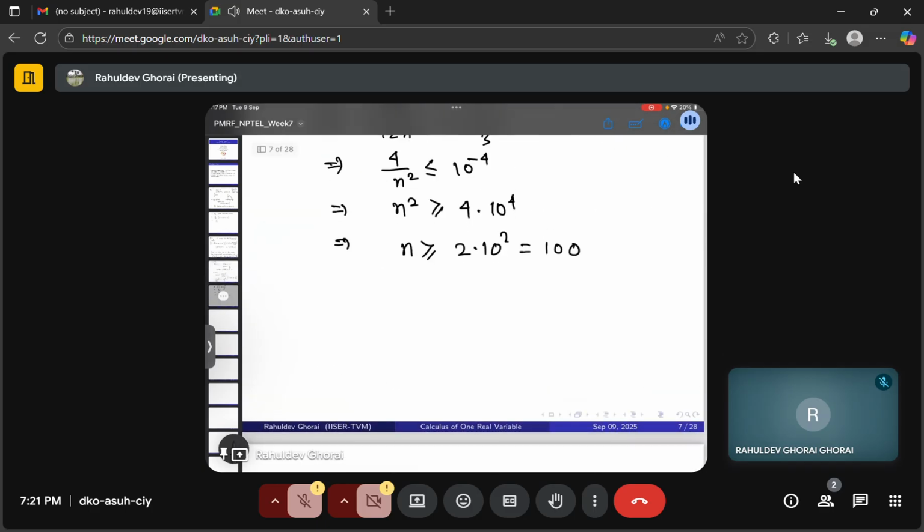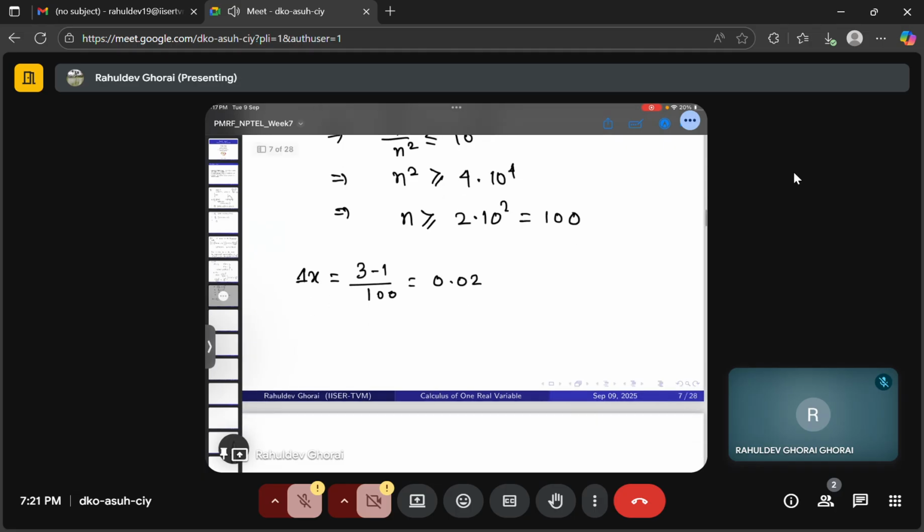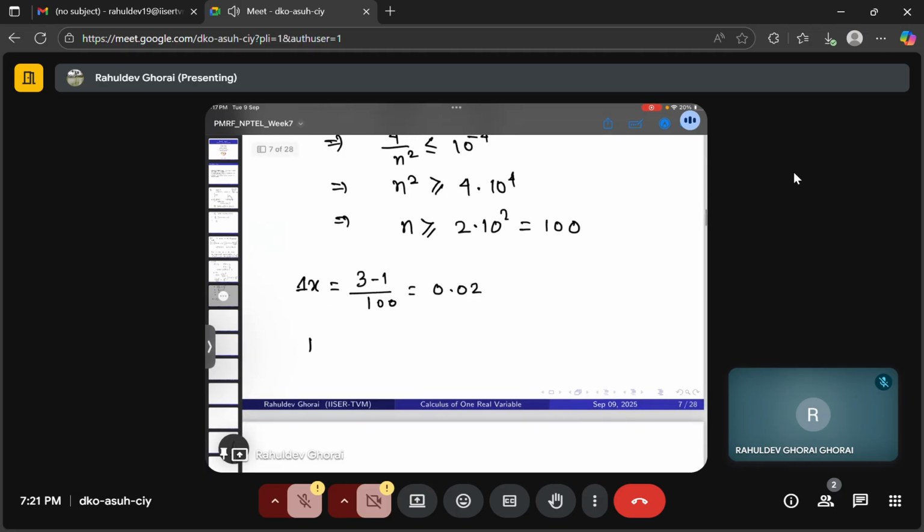N equal to 100 means delta x has to be (3 minus 1) over 100, that's 0.02, right? So you have first 1, and then you have 1.02, 1.04, 1.06, and it will keep on going up to 3.